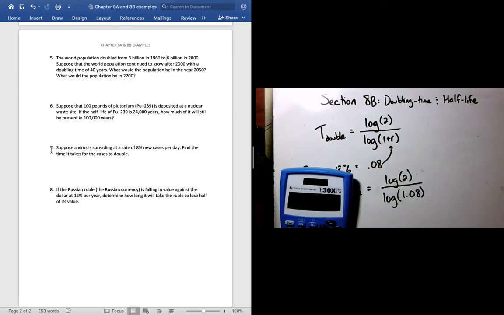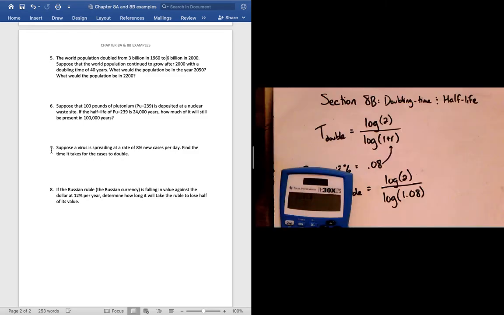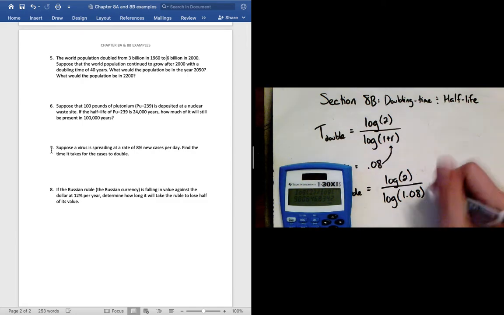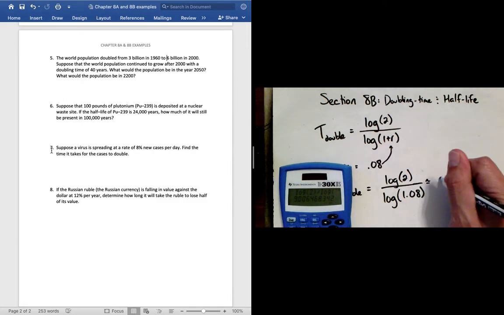Okay, so log of 2 divided by log 1.08. We calculate this, and it's really, really close to 9, so we're just going to approximate it with 9.